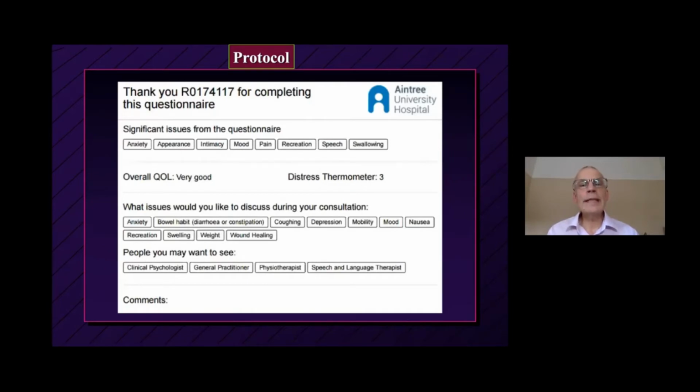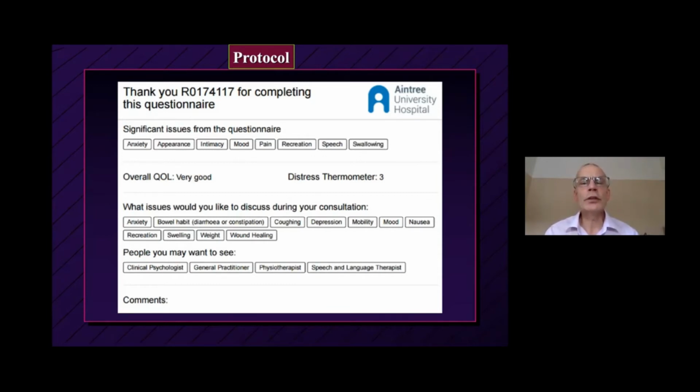Consultants using the PCI would get an output where it would list the issues that the patient wanted to discuss during the consultation as identified on the PCI, but also give a reflection based on the screening of the University of Washington as to which domains the patients were scoring particularly badly in terms of dysfunction.